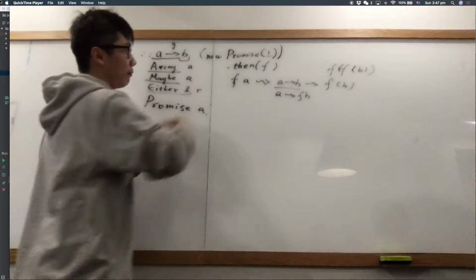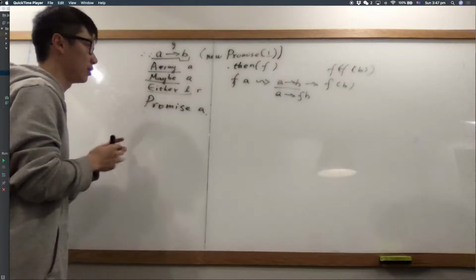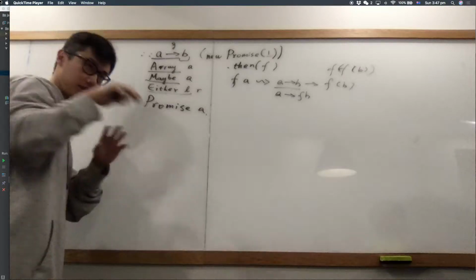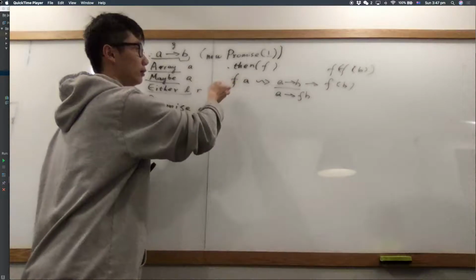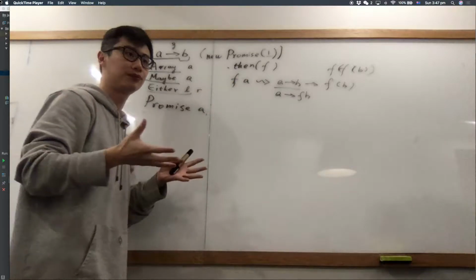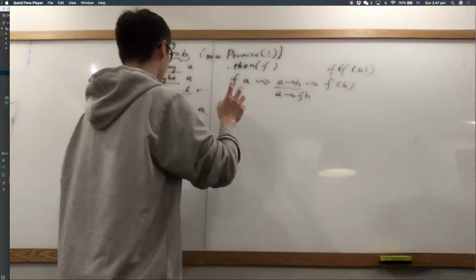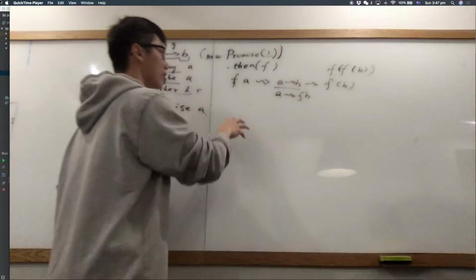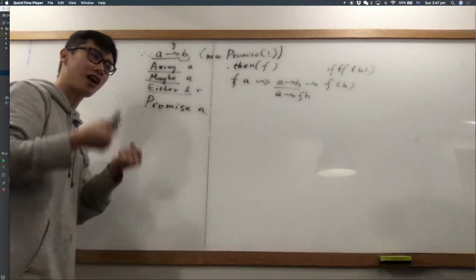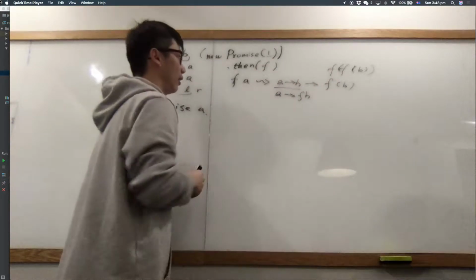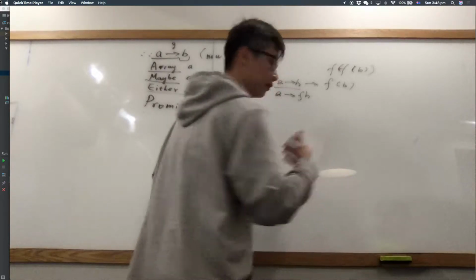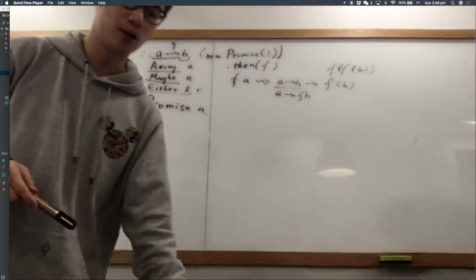This then method actually mixes in the notion of monad, which we're going to talk about next time, but it's quite dynamic. That's the second problem, because in composition you need to know the type exactly. You can't just have this dynamic part in there. So to solve these two problems, we have the Fantasyland promise.